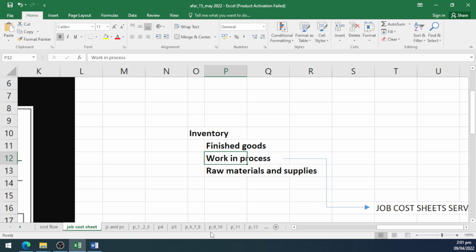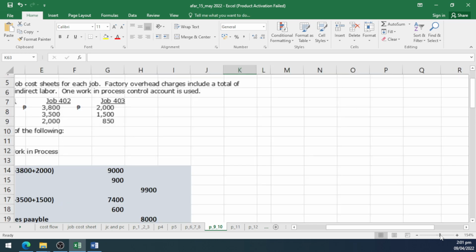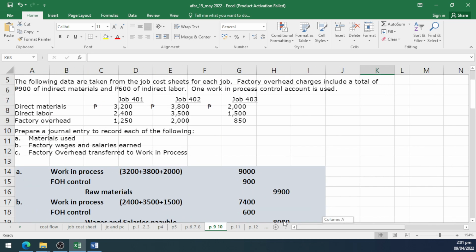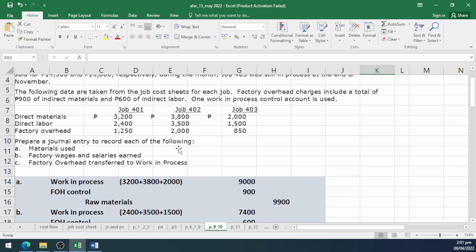Now, let us illustrate how to accumulate the cost using problem 9 and problem number 10. This is not difficult, class. This is a simple cost accumulation. Each job will be treated as a separate cost unit and we will charge each job with its own cost.